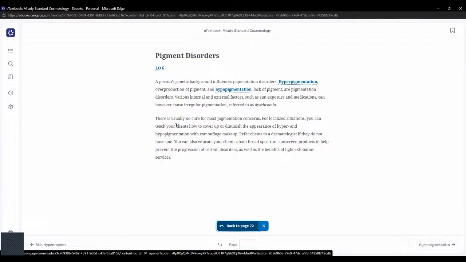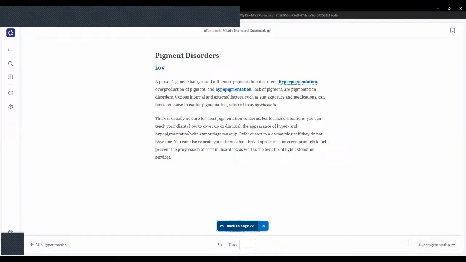And when I tell you, people pay to get rid of hyperpigmentation, it is a billion-dollar business, because products have claims of evening skin tone and getting rid of dark spots. Well, if you remember, a week or two ago I taught you that melanin is found on the deepest layer of the skin.